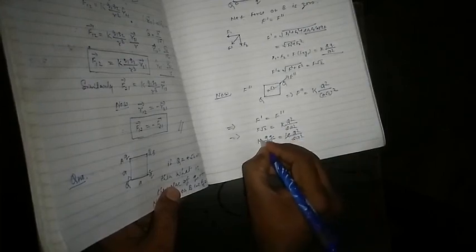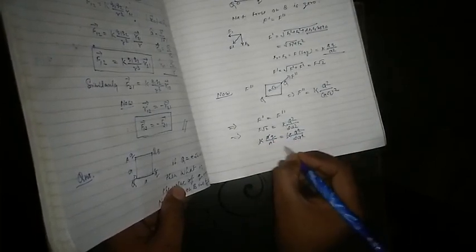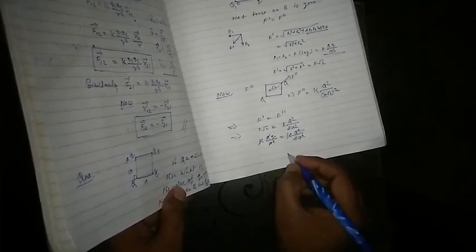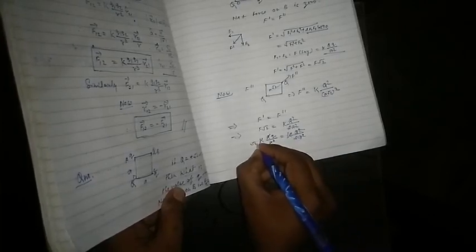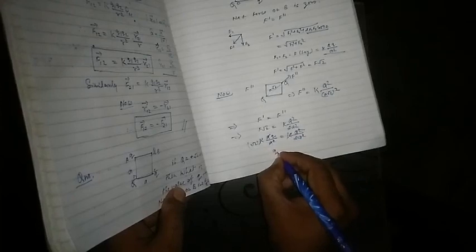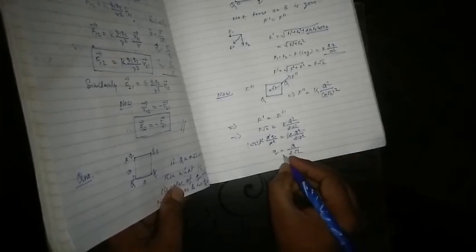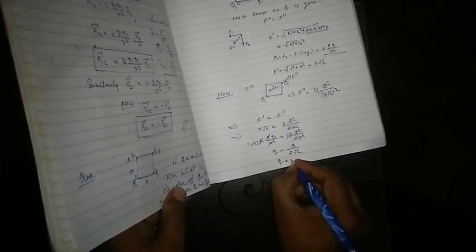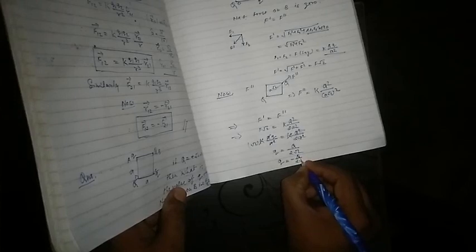This k and this k cancel, this Q and this Q cancel, this A square and this A square cancel. This means small q times root 2 equals Q by 2. So small q is Q by 2 root 2, and the nature of this q is negative. Nature is negative, therefore this q is minus Q by 2 root 2.